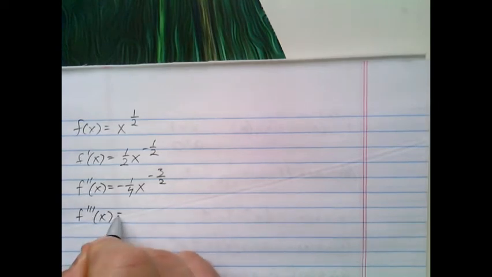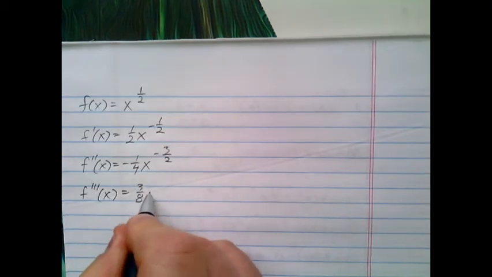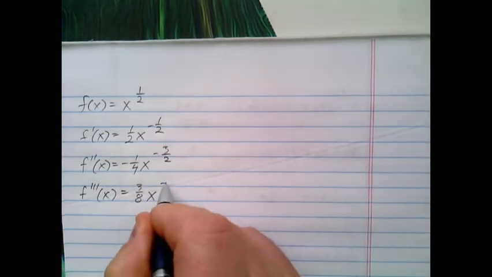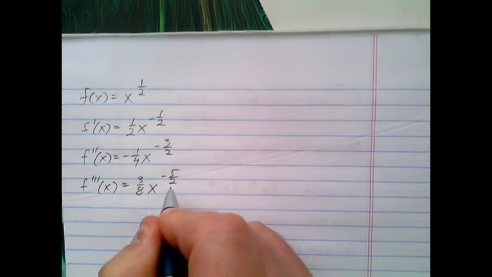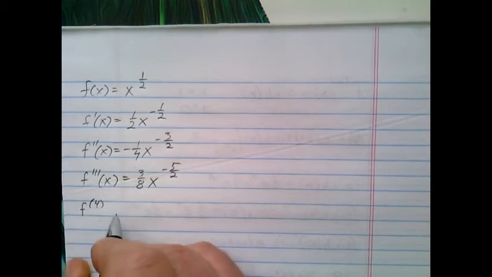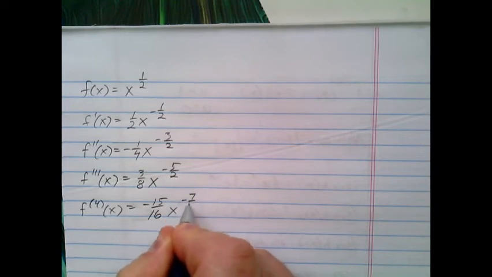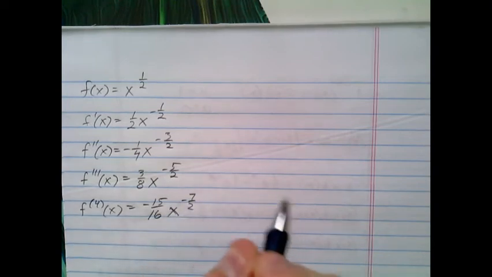Third derivative, I'm going to bring down a minus 3/2, and I'll get 3/8, x to the minus 5/2. Alright, I need 1 more. So a fourth derivative, I will bring down that minus 5/2. I'll get minus 15 over 16, x to the minus 7/2.